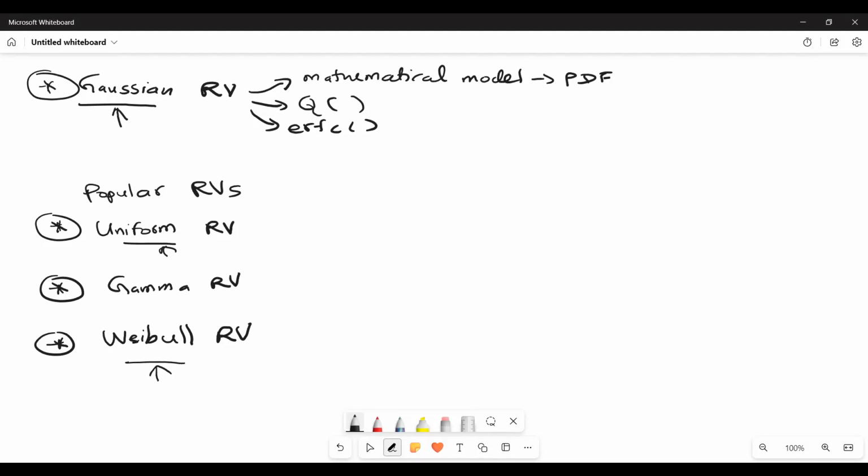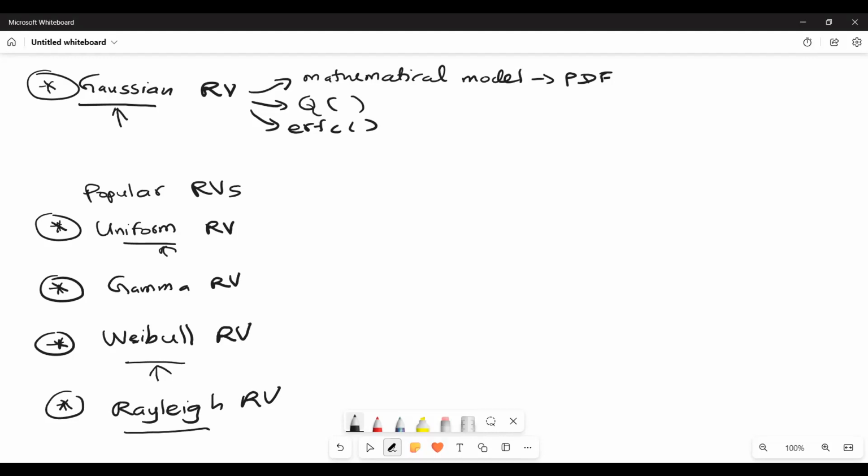Then I also used the Rayleigh random variable to model the channel coefficients in wireless communication networks.